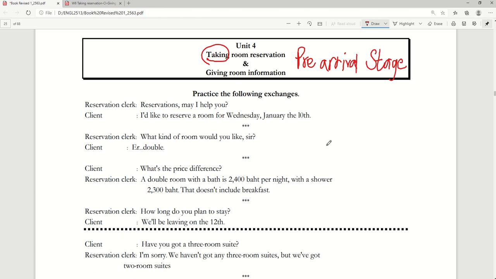The first two pages, if I'm not wrong, are examples of taking a reservation on a call. So I know you can read it. You can learn some expressions from the conversation here.